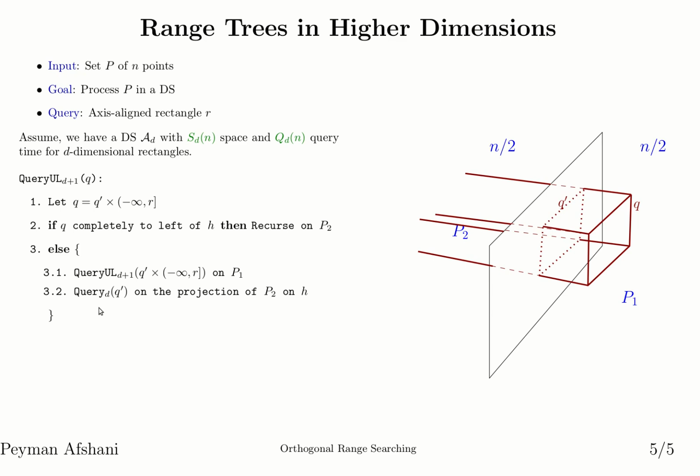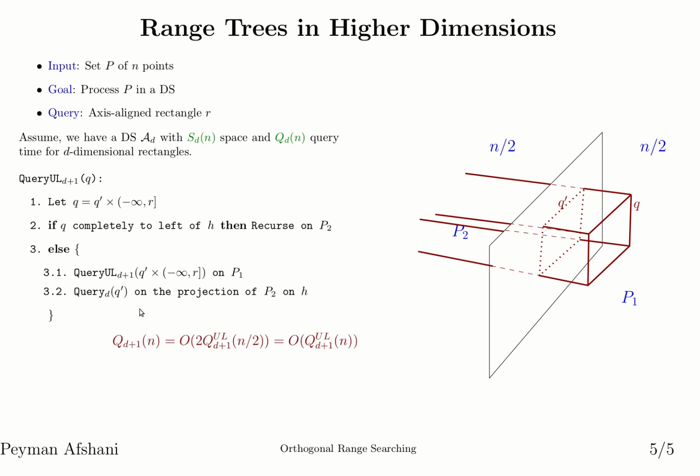So I just need to query Q prime on the projection of P2 onto L, and I have built a data structure for this. So this is the procedure to answer the queries that are unbounded from left. As I said, answering queries unbounded from right is going to be very similar.